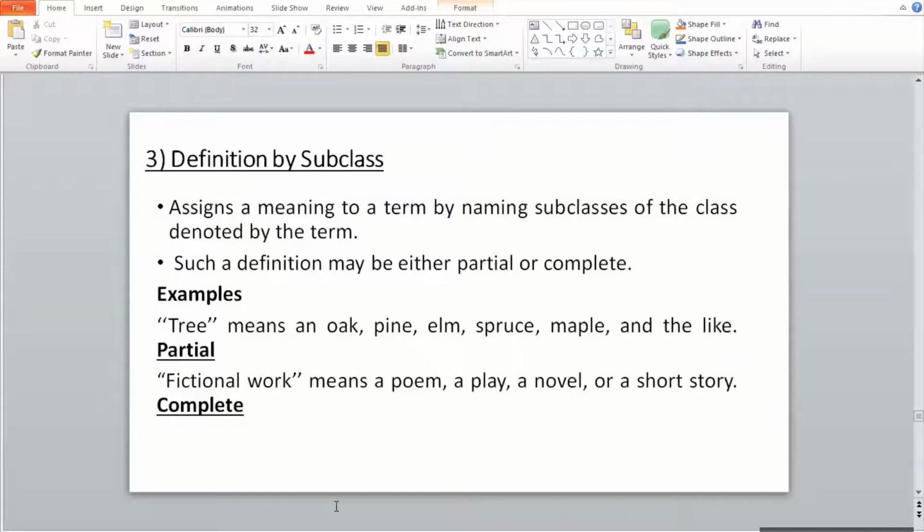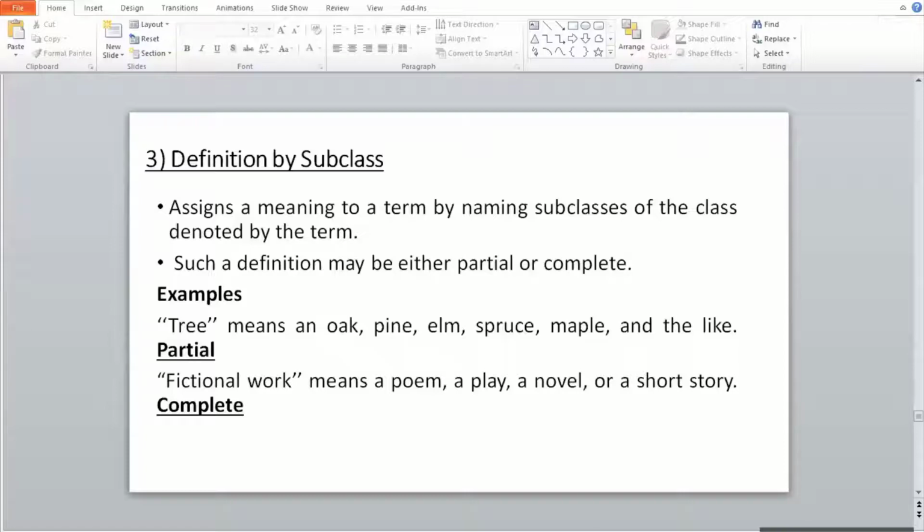Oak, pine, it's a kind of defining by subclass. For example, we may define fictional works. Fiction is a class. It contains a poem, a play, a novel, and a short story. So in defining fictional works through definition by subclass, we name the subclasses under fiction, such as poem, play, novel, and short stories.